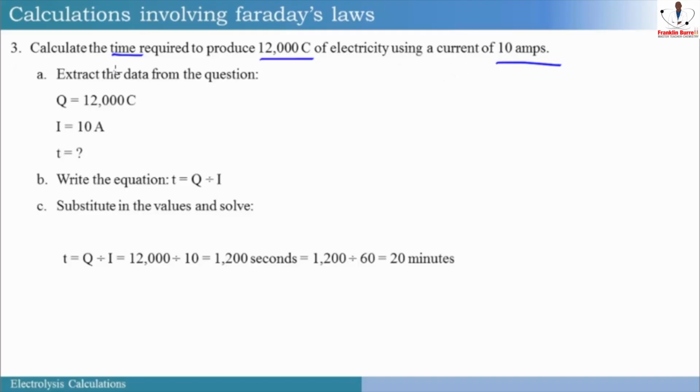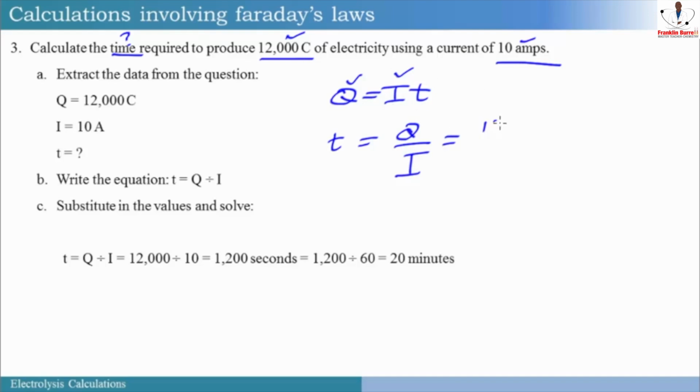So we know the current, we know the quantity or the charge, we don't know the time. So again, starting from our main equation, Q equal IT, we know Q, we know I, we need to find T, so we make T the subject of the formula. So T is equal to Q over I.